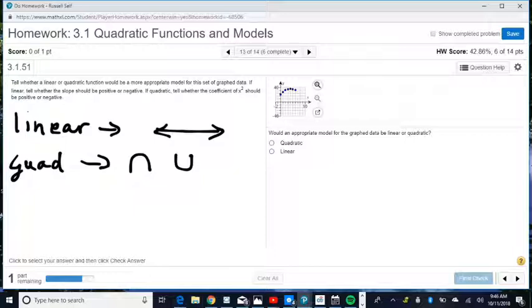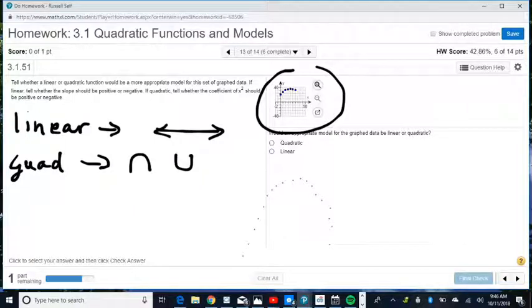Okay? So what they want you to do is look at what you have and ask yourself, if you continued this on infinitely, because they just give you a series of dots, would the shape look more like a straight line or would it look more like a curve? Now if you look at this one, what's happening to these dots is they're just going further and further, going up and down.